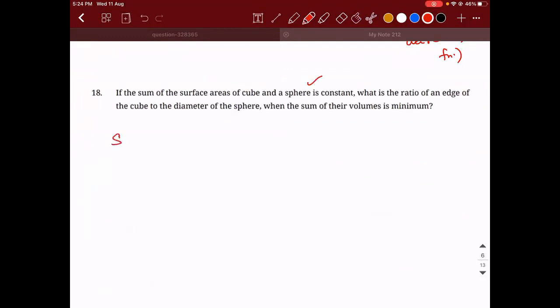So surface area of cube is how much? 6a square, and surface area of sphere is 4 pi r square. What is the ratio of the edge of the cube to the diameter? A divided by 2r is equal to what? When the sum of their volumes is minimum.